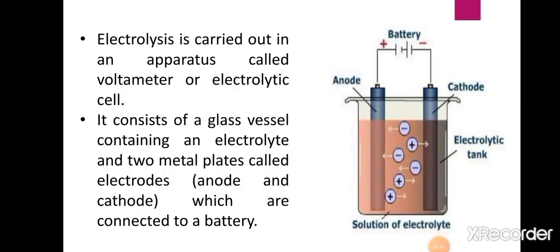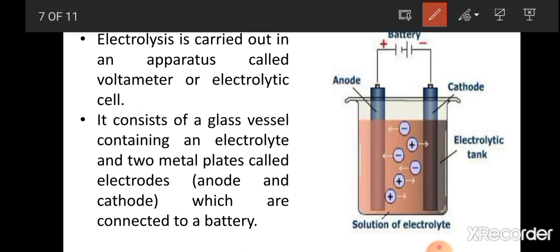The process of electrolysis is carried out in an apparatus called a voltameter or electrolytic cell. This is the diagram of an electrolytic cell, where you can see it is made up of a glass vessel, or glass container, where an electrolytic solution is present.